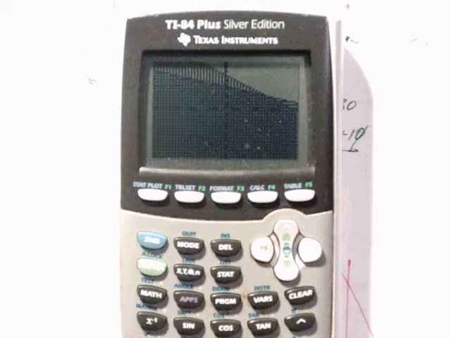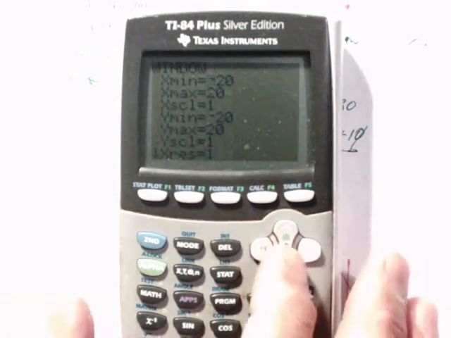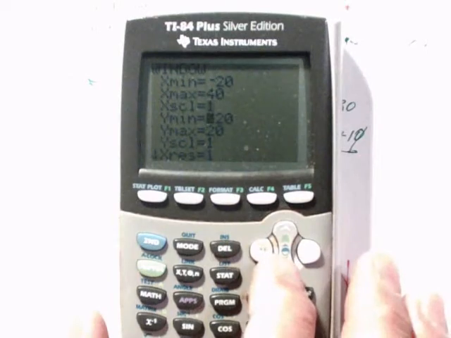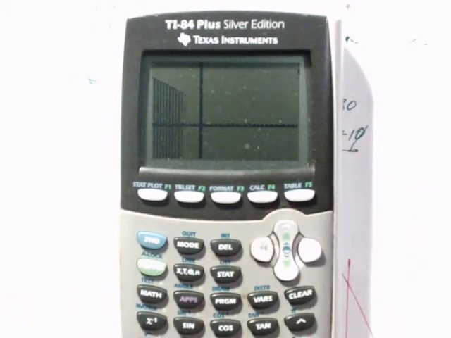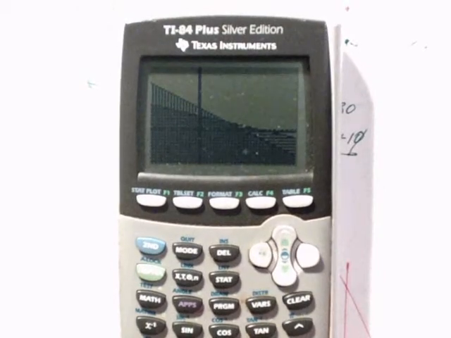Maybe I should go from one to 40, this one to 40 as well. Anyway, this is going to show better. See, the region that has both shades is the region.